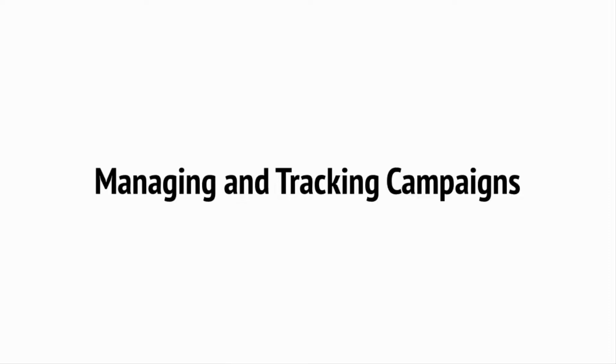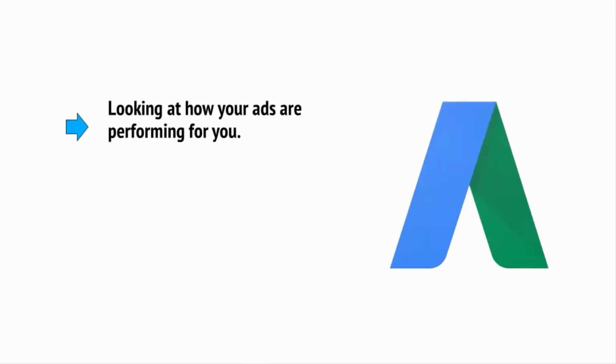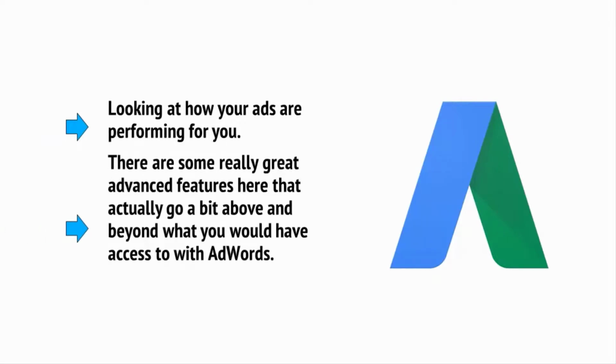For now though, we want to focus on the other most important aspect of running your Bing Ads campaigns, which is tracking the success of your adverts. In this case, that's going to mean looking at how your ads are performing for you. And there are some really advanced features here that actually go a bit above and beyond what you would have access to with AdWords. We'll delve into these in more detail in the next video.